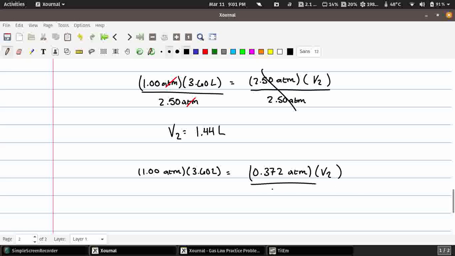So again, you just divide out the pressure. And this works if you're finding for the volume too, and if you're finding for the pressure and you have two volumes. Same thing. And then 0.372 atmospheres.